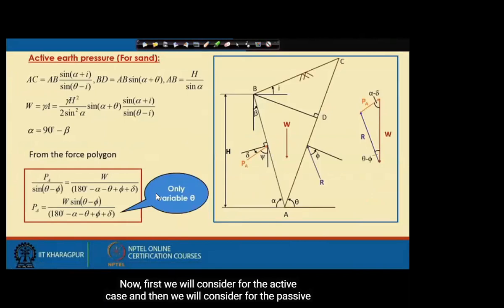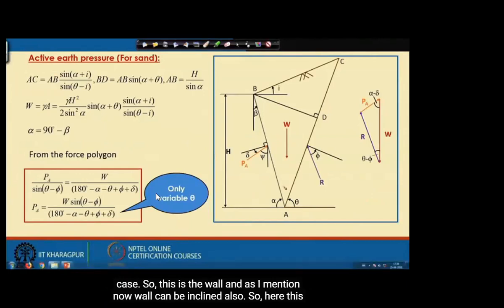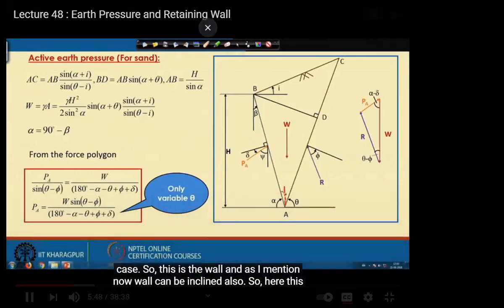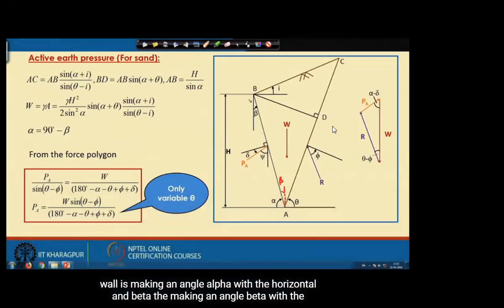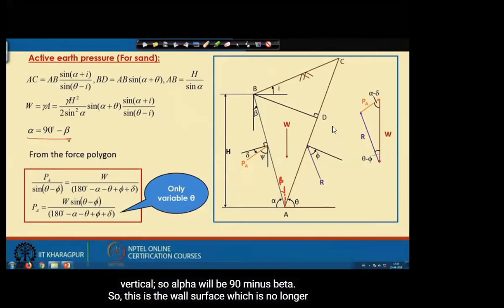Now first we will consider the active case, and then we will consider the passive case. So this is the wall, and as I mentioned, the wall can be inclined also. Here this wall is making an angle alpha with the horizontal, and an angle beta with the vertical. So alpha will be 90 minus beta.